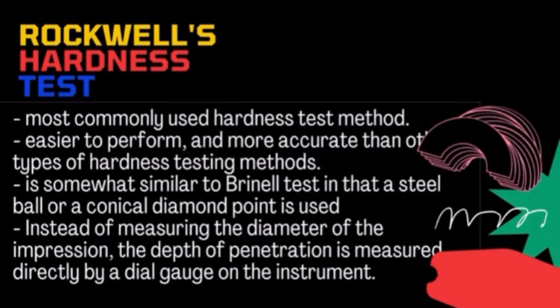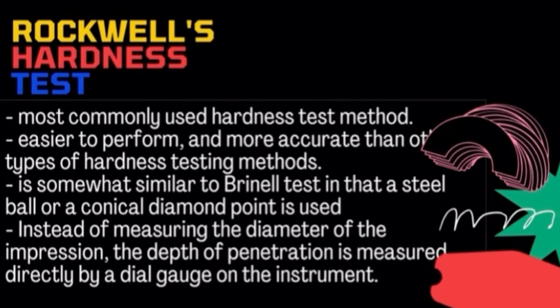Next we have the Rockwell hardness test, which is a commonly used hardness test method because it is easier to perform and more accurate than other types of hardness testing methods. It is somewhat similar to the Brinell test in that a steel ball or a conical diamond point is used. Instead of measuring the diameter of the impression, the depth of the penetration is measured directly by a dial gauge on the instrument.